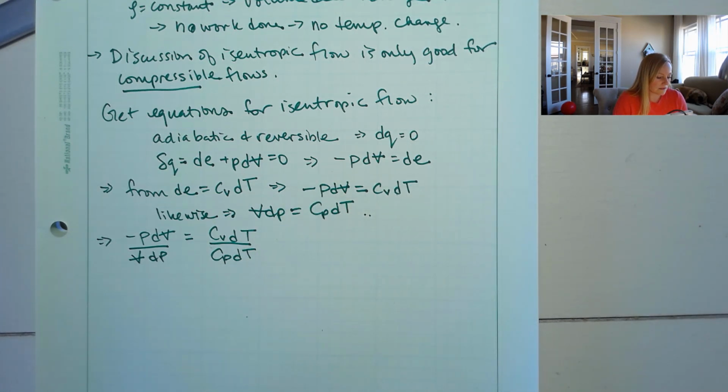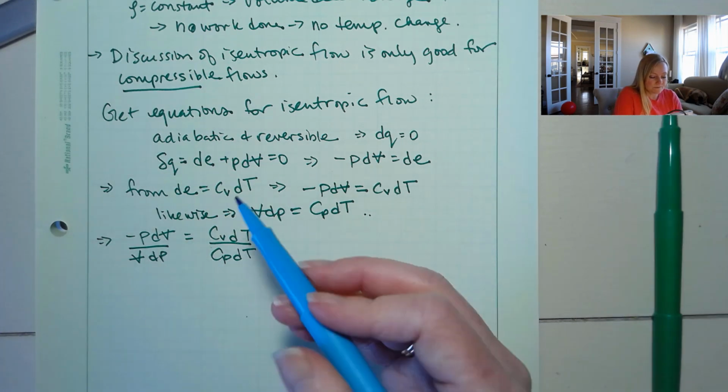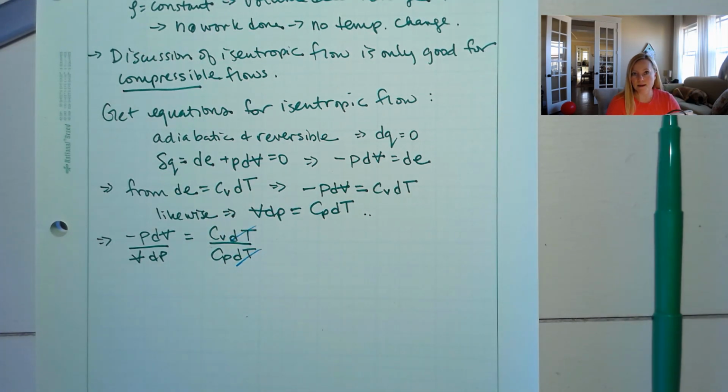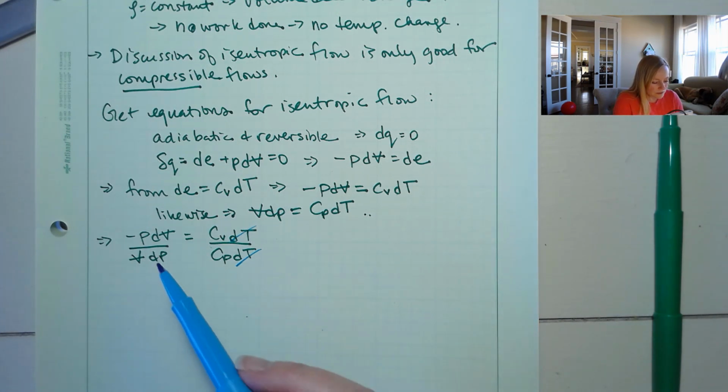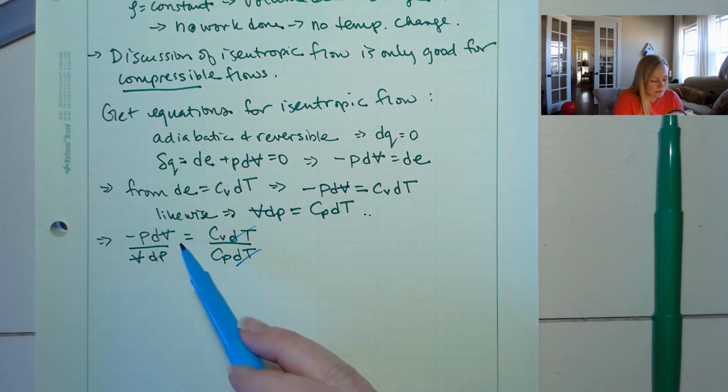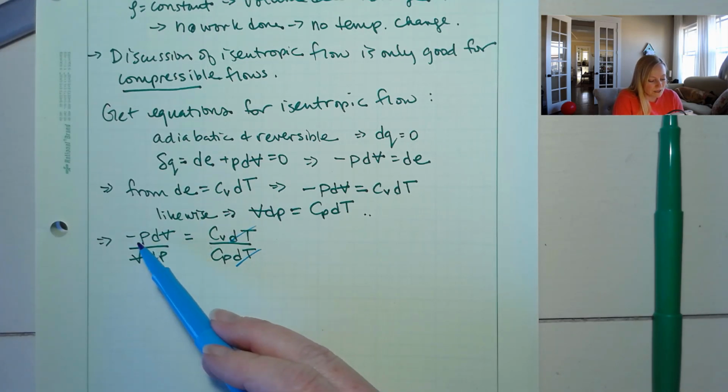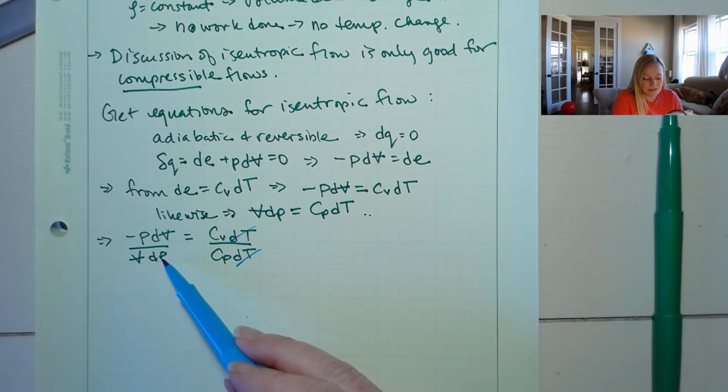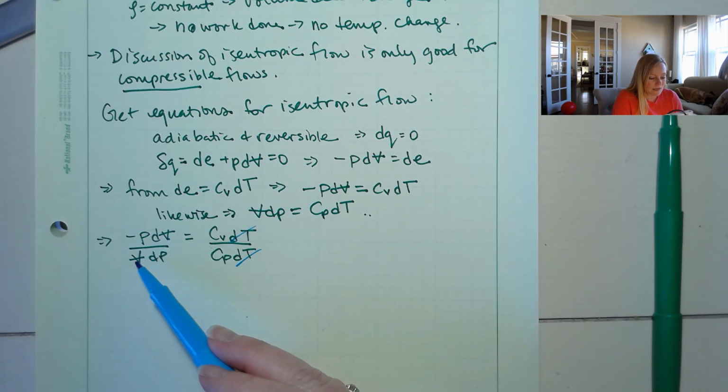All right, now we've got some stuff that cancels out here, right? So that and that cancel, so get rid of that. Now, if you notice on this left side, I have pressure here and dP here. Then I've got dV and V here.